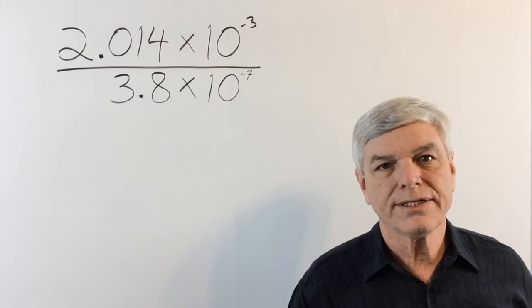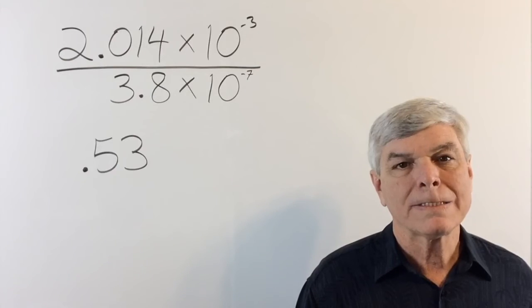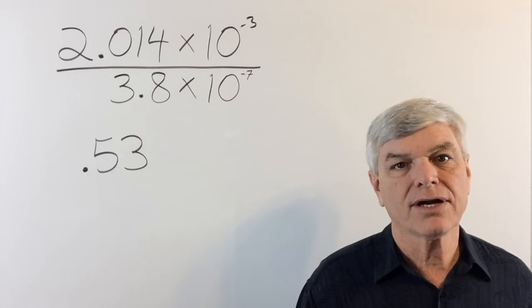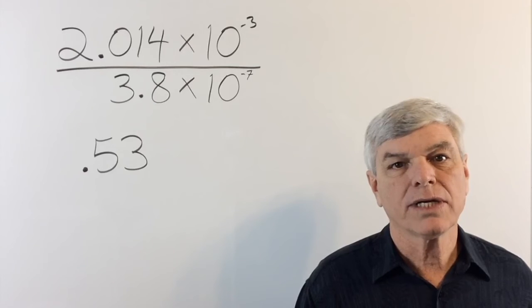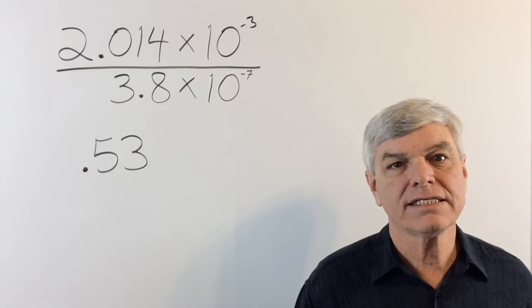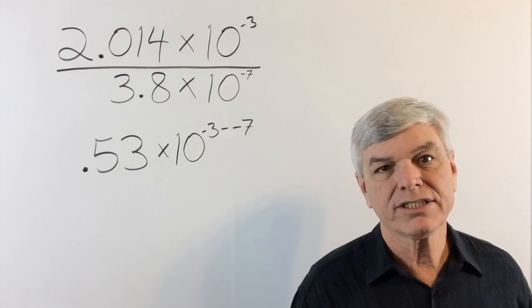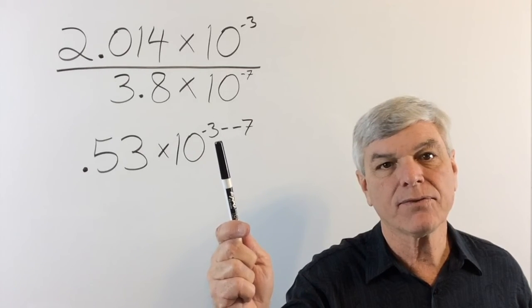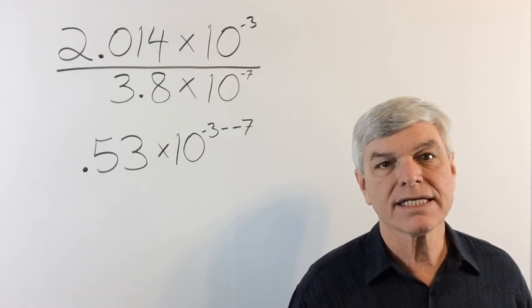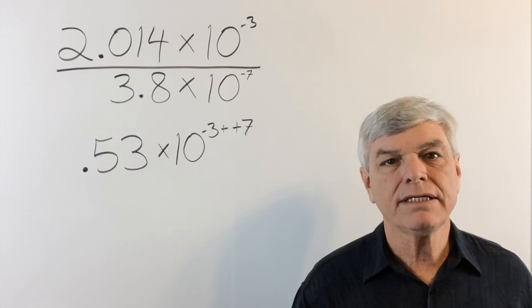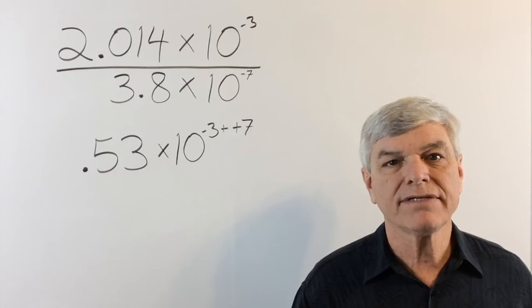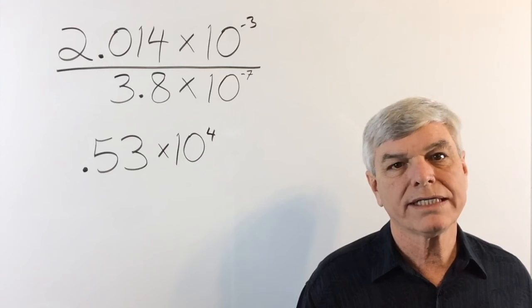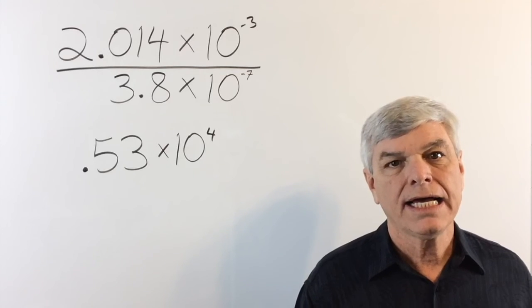Okay, let's deal with our units first. And that's 0.53, and that's the same difficulty that we had in our last problem, but that's okay. Let's deal with our tens. And of course, with division, we're going to subtract our exponents, and we're going to be left with -3 minus 7. Minus 7 is plus 7. -3 plus 7 is +4, 10 to the 4th.